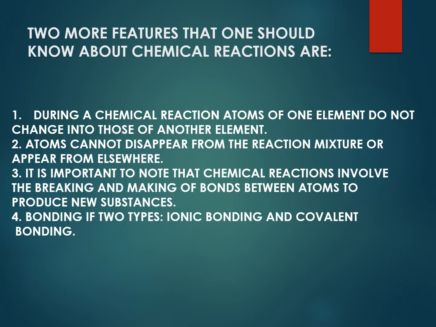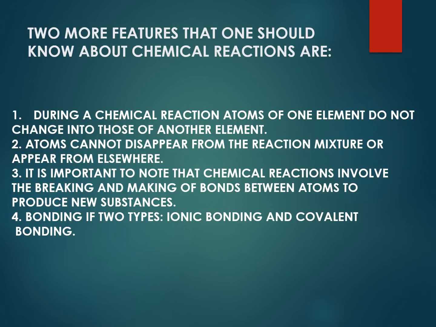Now, during a chemical reaction, we are going to observe two or more features that one should know about chemical reactions. During a chemical reaction, atoms of one element do not change into those of another element.